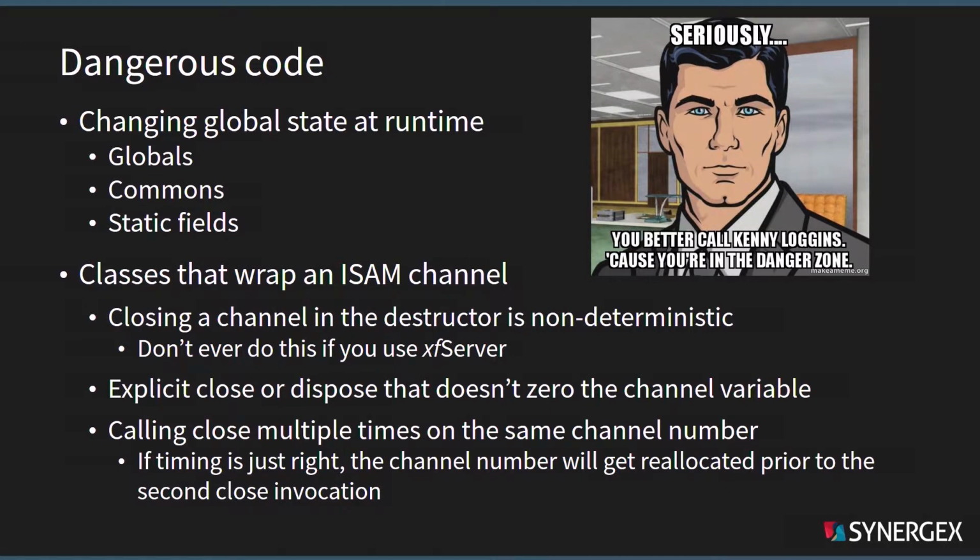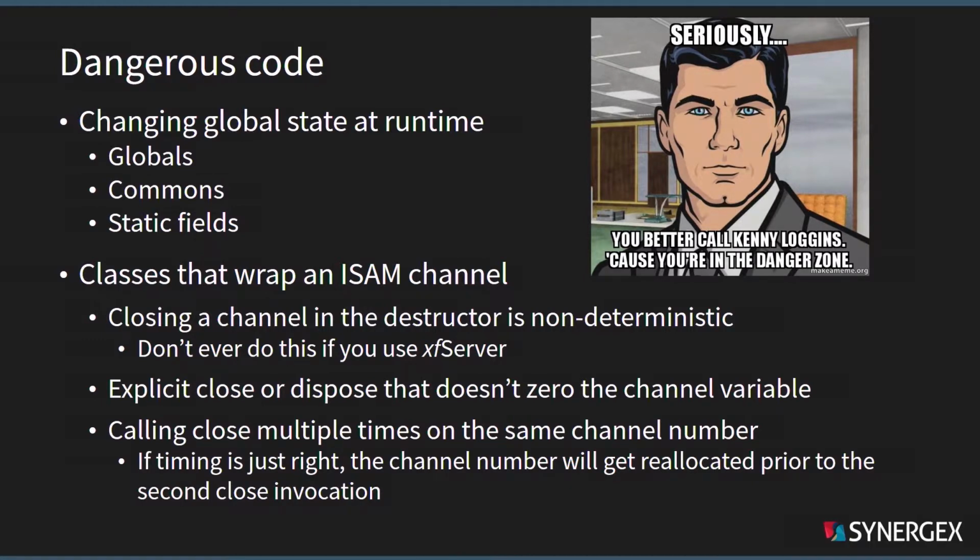The next thing that's dangerous is classes that wrap an ISAM channel. They are inherently just a smidge dangerous, because I've frequently seen these problems occur for people who have written their own wrappers around ISAM channels.